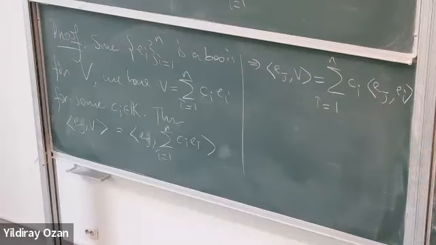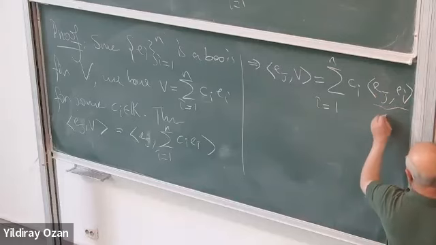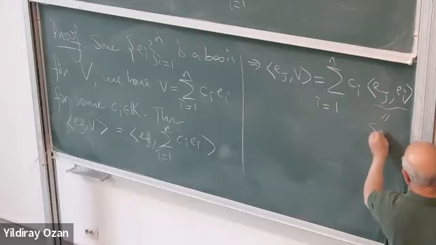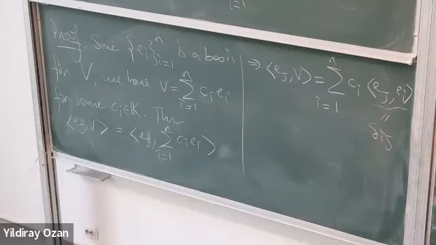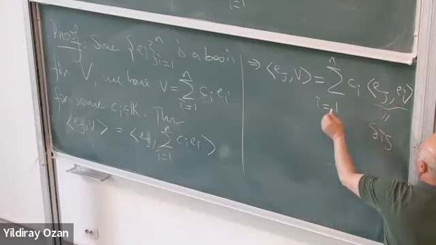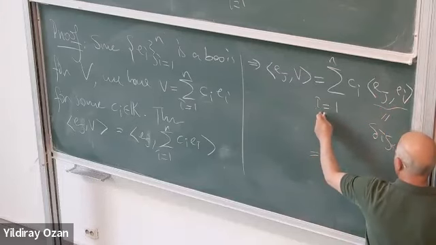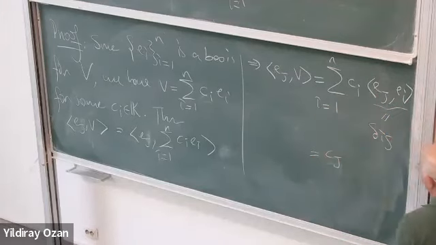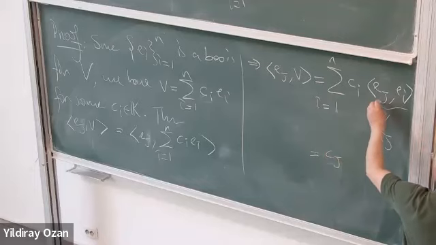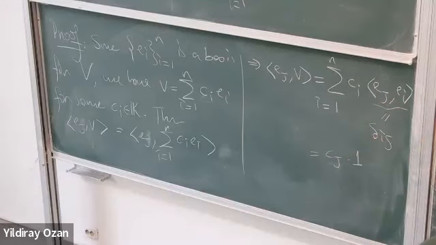But since the ei's are an orthonormal basis, these are orthonormal vectors, therefore this is just the Kronecker delta ij. And therefore all these numbers are 0 except i equals j. When i equals j, I have just cj, and then here I have ej dot product ej, which is just 1. So we have this.